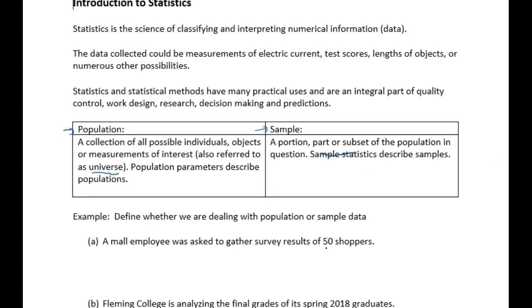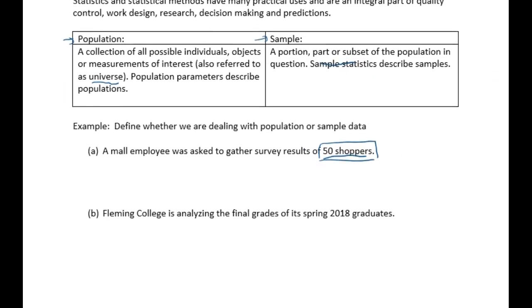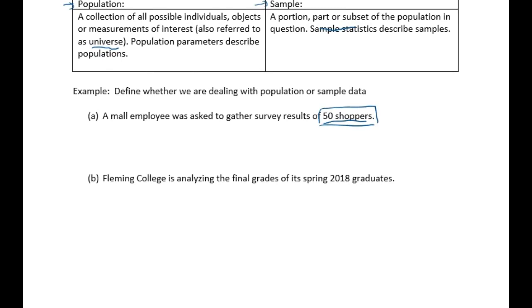In that case, would you say 50 shoppers is everybody, all shoppers, or is that just a subset of shoppers? We're making the assumption probably that there are more than 50 people that shop at the mall on any given basis. So my assumption would be here that this is not all of the shoppers, but just part of the shoppers. So we talk about this being a sample.